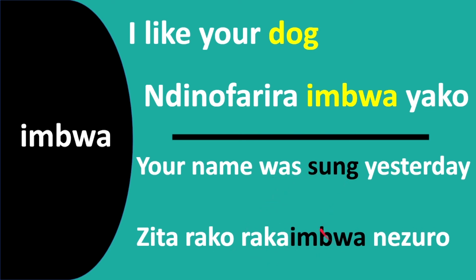Raka, was, becomes this prefix raka, and then sung, imbwa. Zita rako rakaimbwa nezuro. Ndinofarira imbwa yako. I hope you get the different pronunciations here. I know it's a bit difficult, but if you repeatedly watch this video and listen to it, you'll get the pronunciation quite quickly.